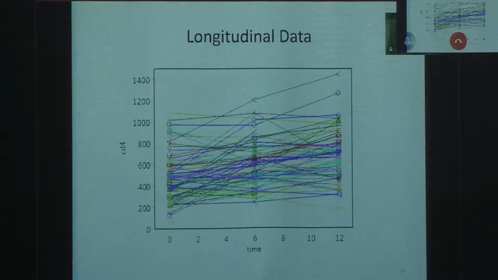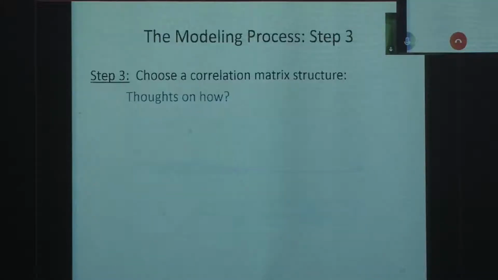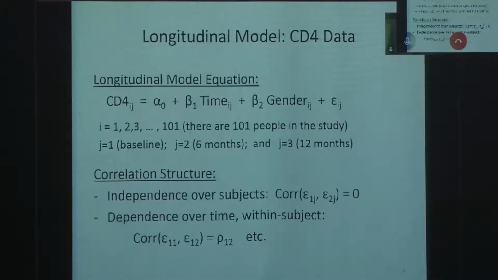And so here's where the philosophy comes in. What do you think about this approach? In real life, do you think that different people have different trajectories? When I presented the old model, I sort of said that beta 1 really is the slope for everyone.